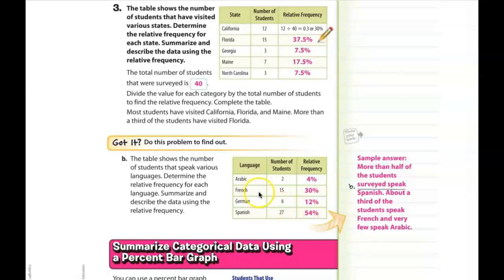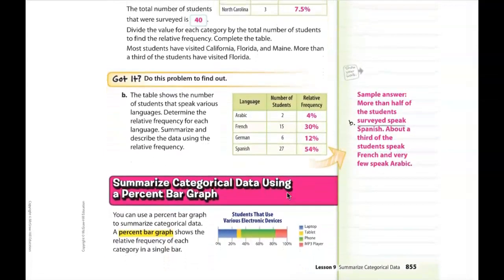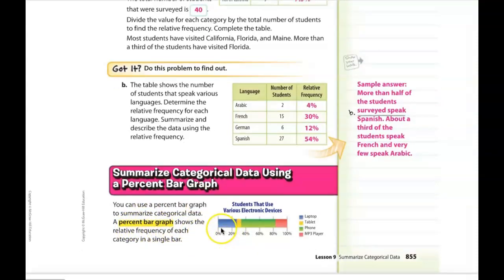Okay, so you can see, make the fraction, you do the division, and then you multiply by 100. Now, once we have this data, you can do something called a percent bar graph. You represent out of 100, you find the percentage, and that's how long the various bars are.